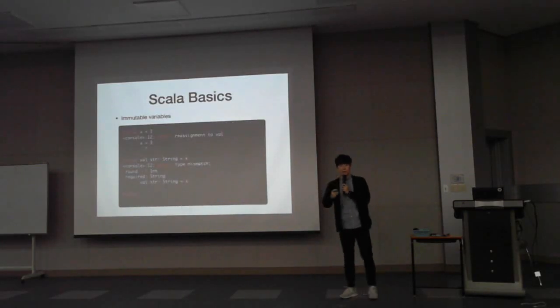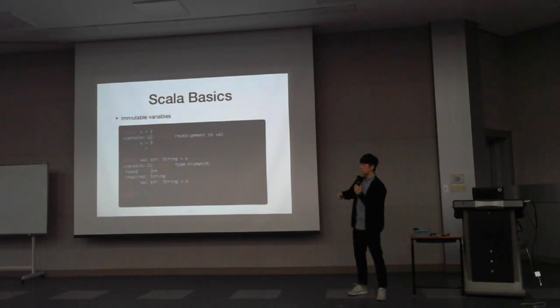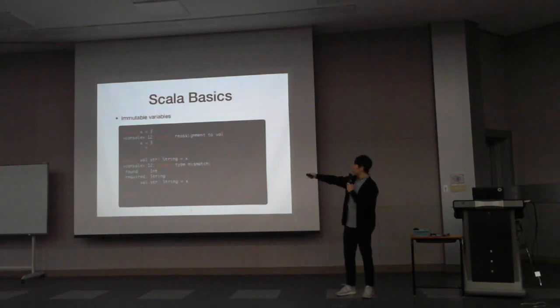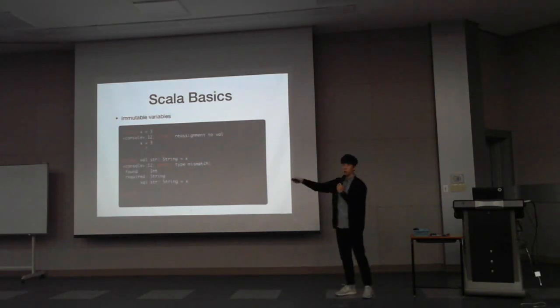And I said that this variable is immutable. It means that you cannot change the value. After you initialize it, you cannot change the value inside the immutable variable. So if you try to change the value like that, the interpreter says it is an error because you try to reassign to an immutable variable.